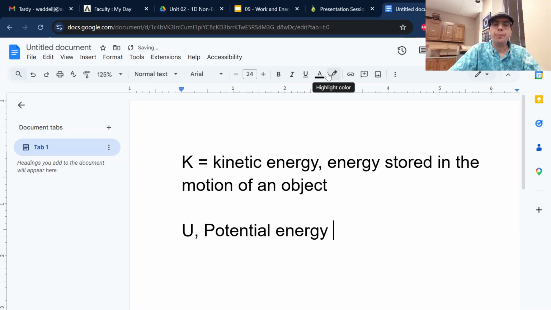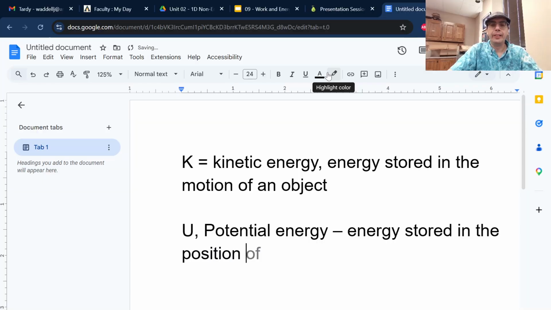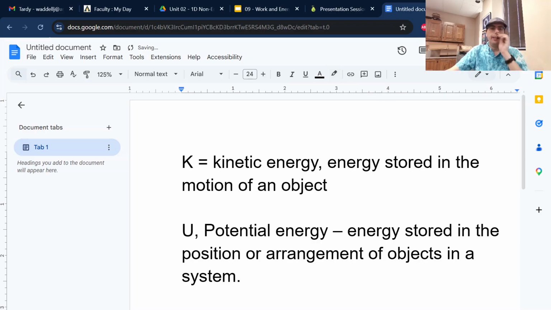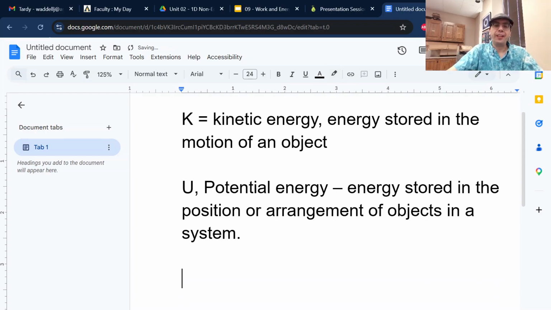In general, potential energy is energy stored in the position or arrangement of objects in a system. And we have two specific kinds. We've got U_G, gravity, which is potential energy of gravity.